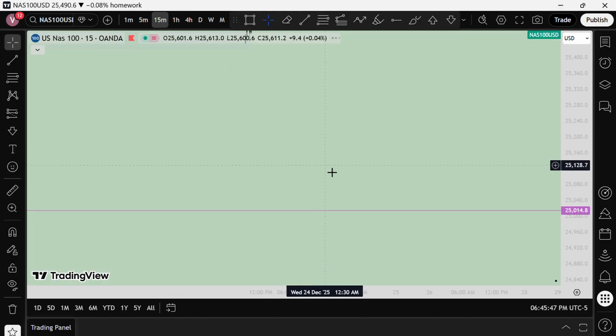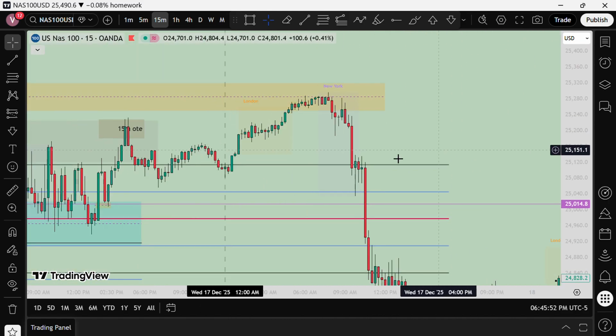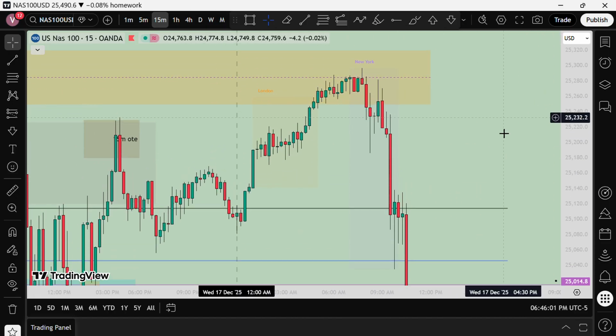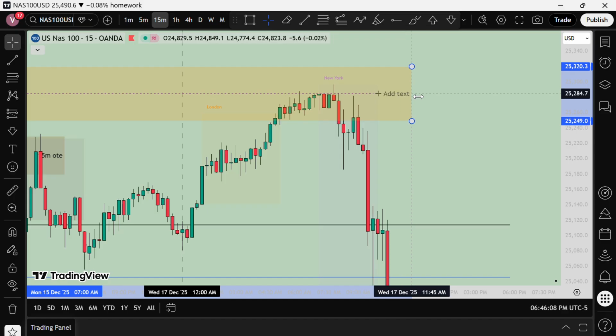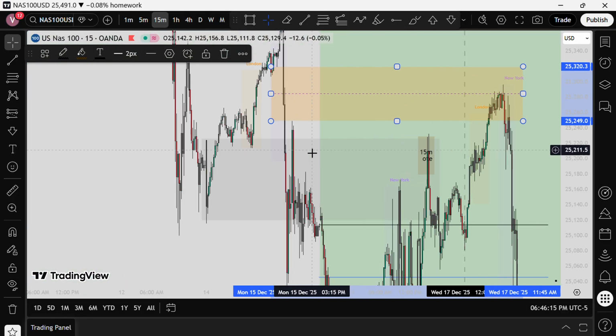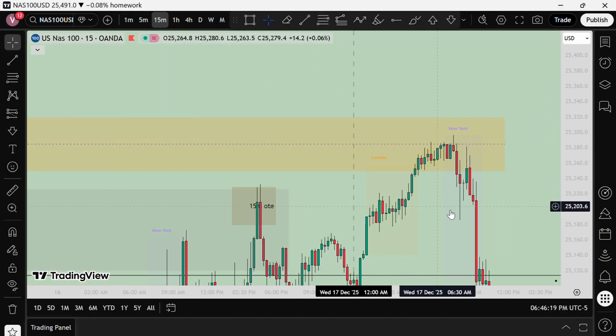If you go on lower time frames, then you will find that this seems to be the initial Judas swing for the day of Wednesday, and in New York session, it is rejecting at the 1 hour fair value gap's mean threshold, consequent encroachment that we had planted yesterday on Tuesday.